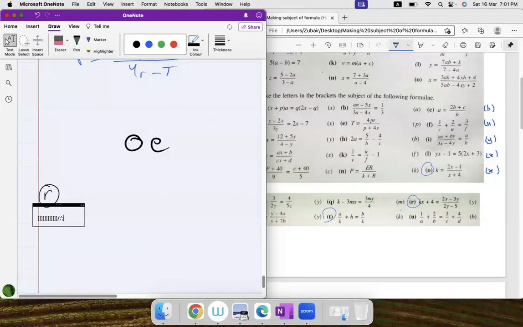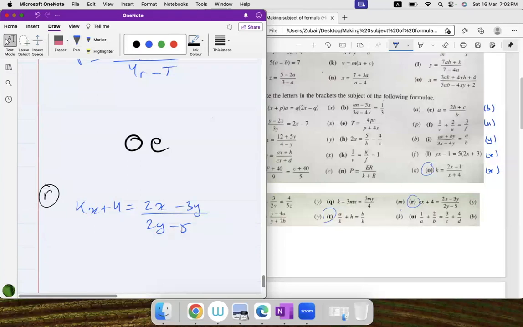R says kx plus 4 equals 2x minus 3y over 2y minus 5.